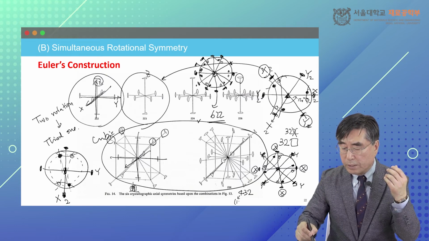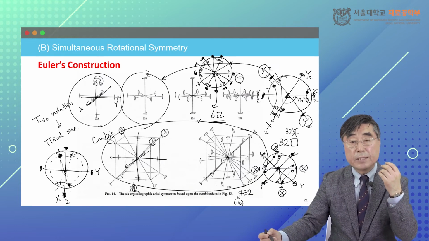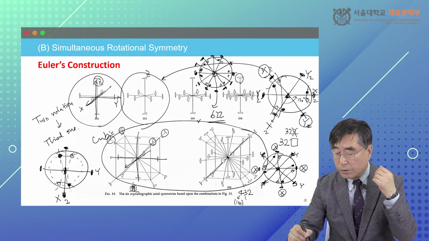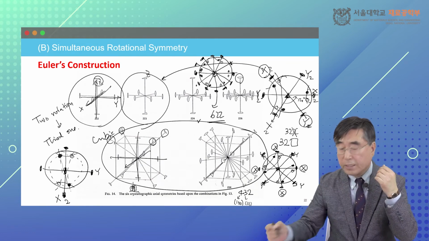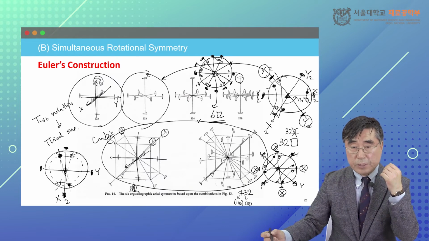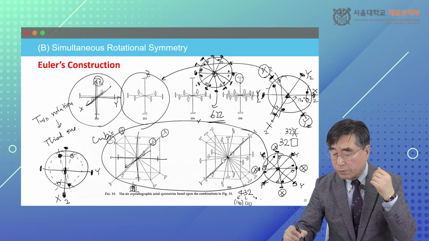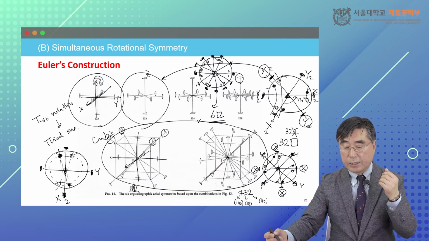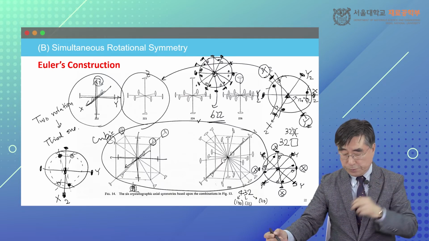The 100 type of axis has 4-fold rotational symmetry, all the 111 axes have 3-fold rotational symmetry, and all the 110 axes have 2-fold rotational symmetry. That's what we call 4, 3, 2.